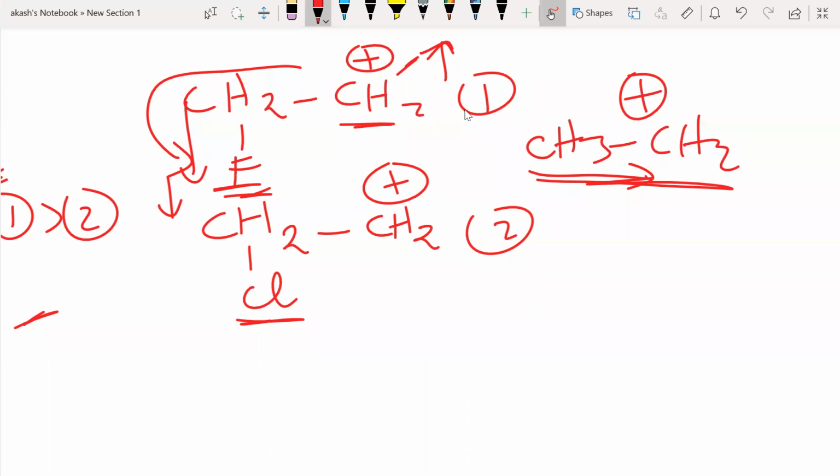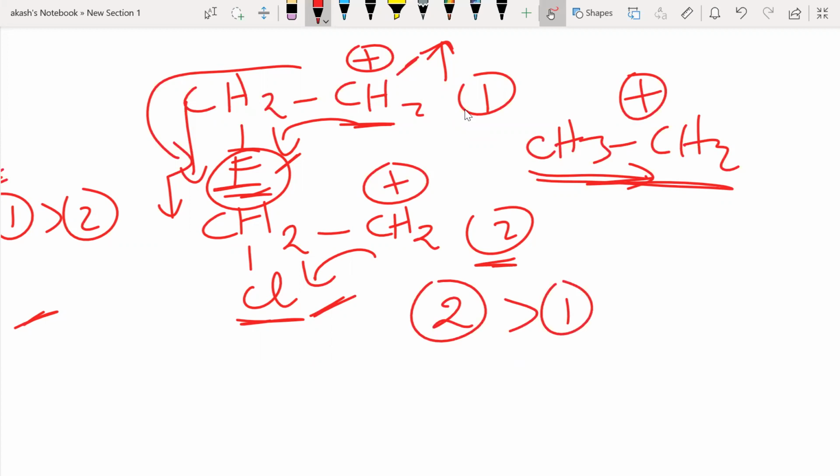Now, fluorine is more electronegative, chlorine is less electronegative. So obviously the electron pulling power of fluorine is going to be higher. That means more electrons are going to come towards fluorine, and a little lesser amount of electrons towards chlorine because chlorine is less electronegative. So where do I have lesser positive charge? Obviously in 2. In this case, 2 is more stable than 1.